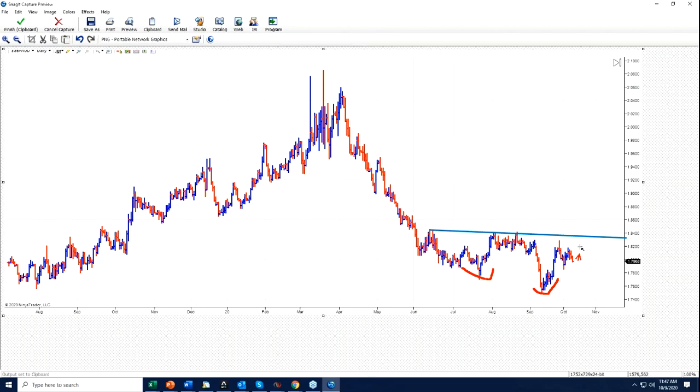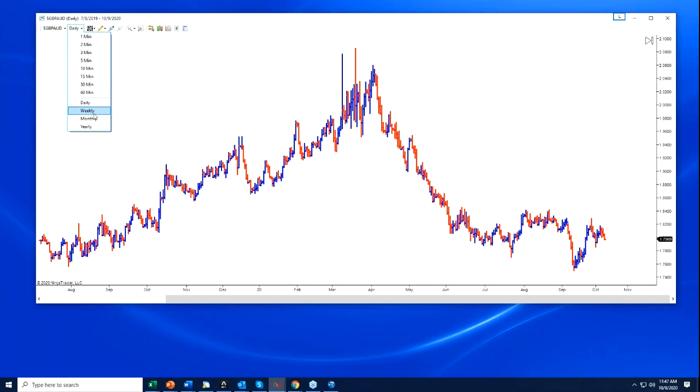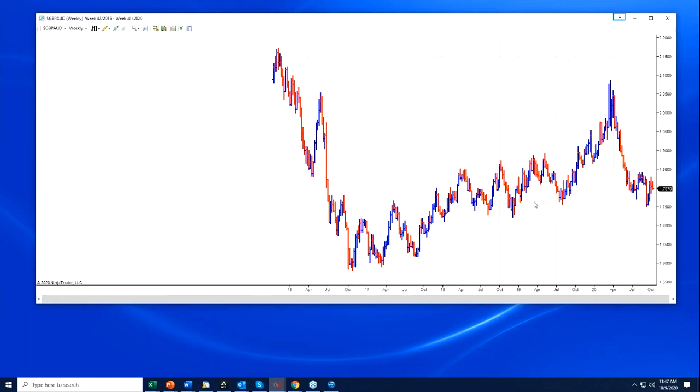Confirmed means you go through the neckline. So it's going in the direction of this trend. So I would just get out of all of these trades and reassess.